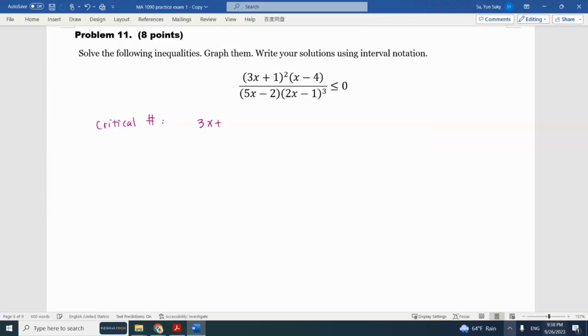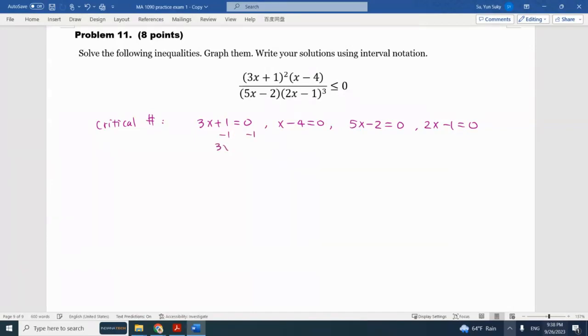So we have 3x plus 1 set equal to 0, x minus 4 set equal to 0. The denominator factors 5x minus 2 set equal to 0, and 2x minus 1 set equal to 0. And then we solve for x.